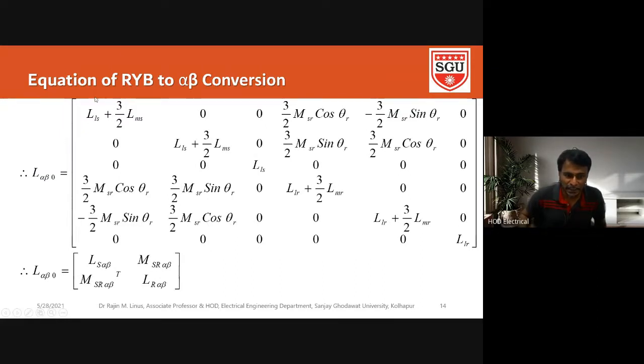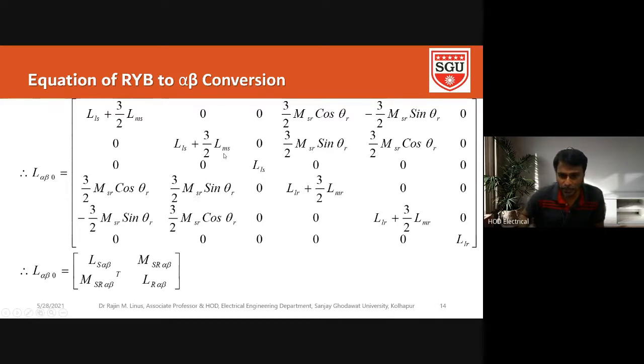Therefore, in this entire term, the third row is the alpha, beta and naught, as I already told you. This naught equation has only leakage inductance. It is not contributing anything with the magnetizing inductance.